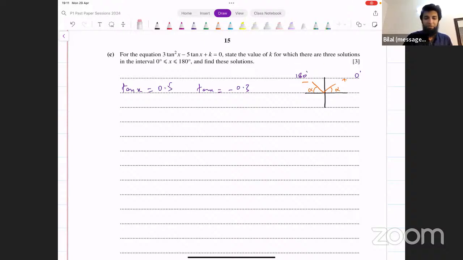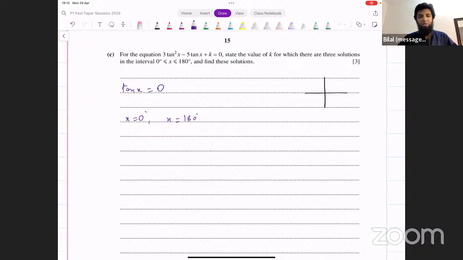Except if you end up getting tan x equal to 0 somehow. Because from 0 to 180, tan can actually be 0 at 2 points. Tan can be 0 when x equals 0, and it can also be 0 when x equals 180.